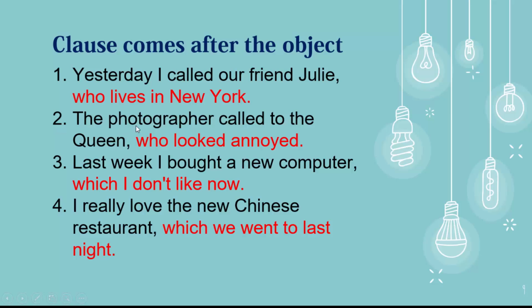Number 2, the photographer called to the Queen, who looked annoyed. So who looked annoyed is the clause that explains the Queen. Number 3, last week I bought a new computer, which I don't like now. So which I don't like now is the clause that explains the new computer. And the last one, I really love the new Chinese restaurant, which we went to last night.